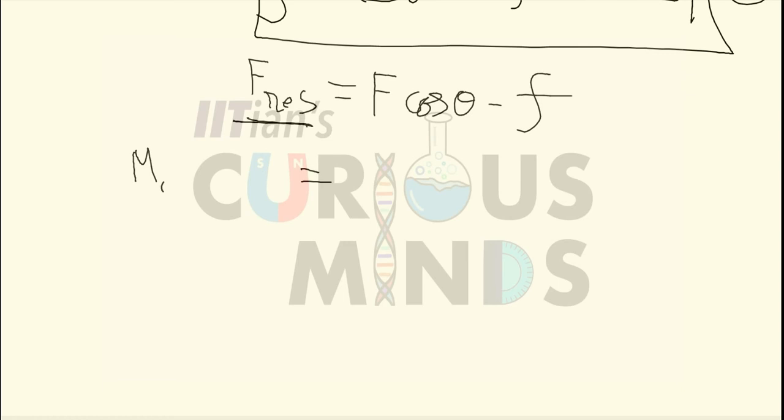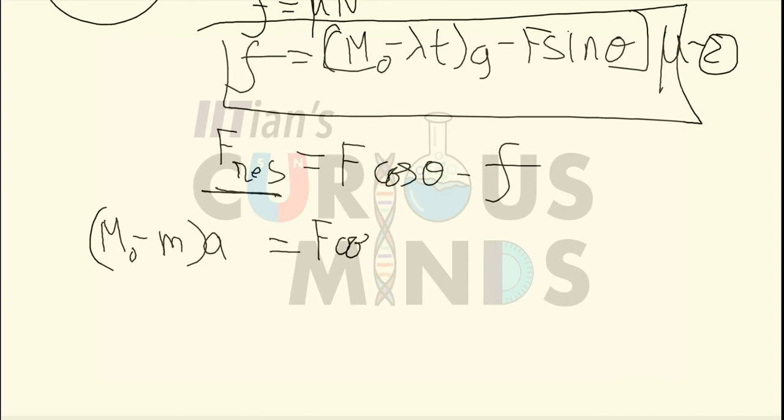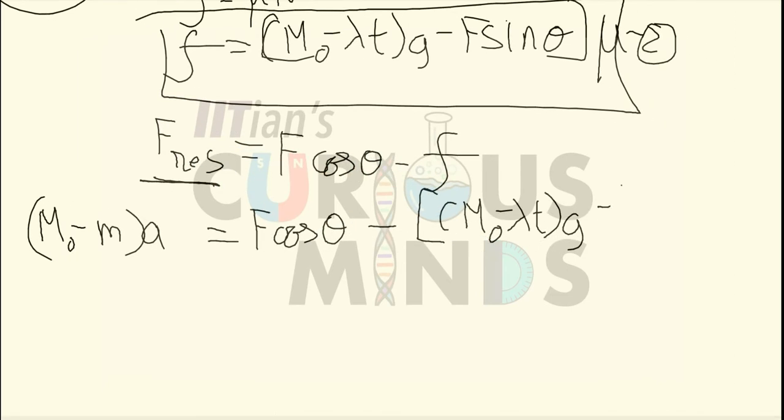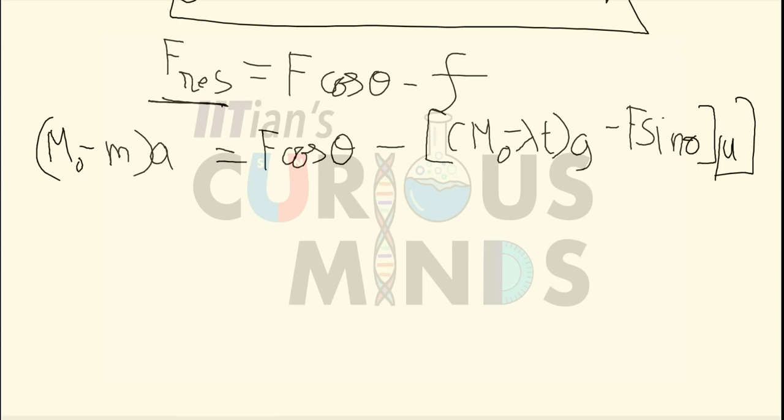So (m naught minus m) into a is equal to F cos theta minus (m naught minus lambda t) into g minus F sin theta, into mu. This is the frictional force that is acting. Now instead of small m, I can write lambda into t, as seen above.